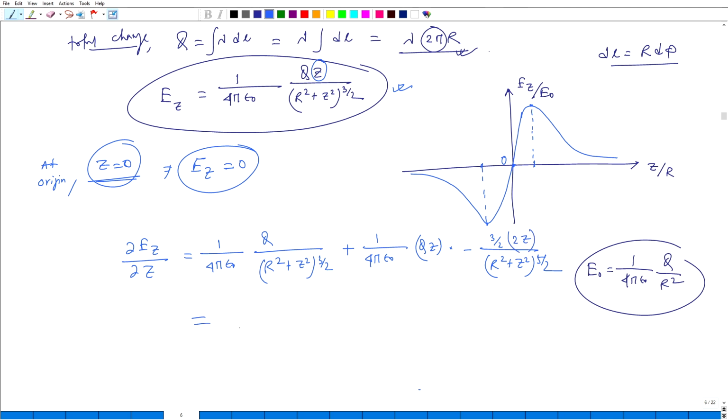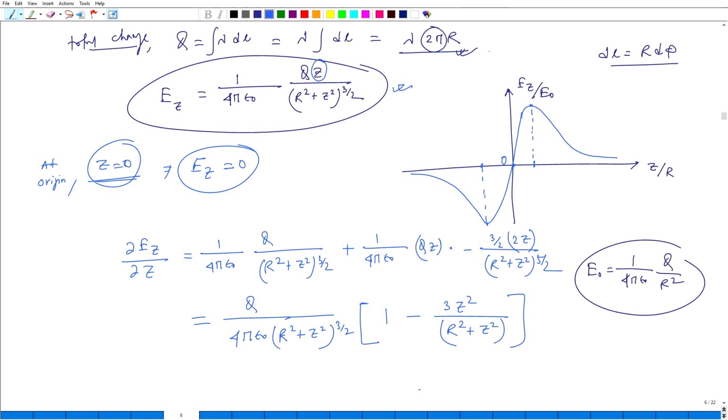Then if we take out 1 over 4 pi epsilon naught q over (r square plus z square) to the power 3 by 2 common, this becomes 1 minus 3 z square divided by r square plus z square.